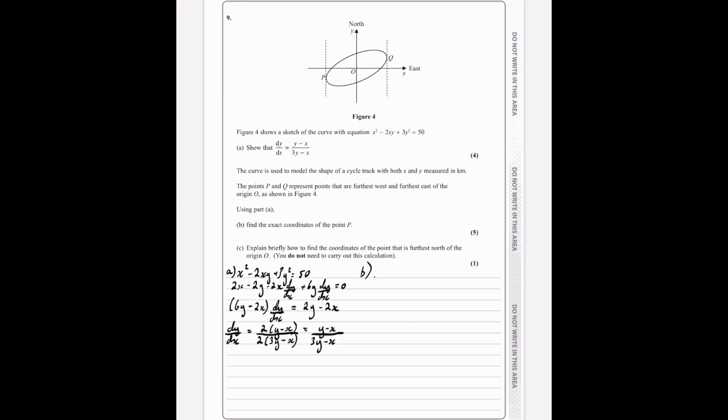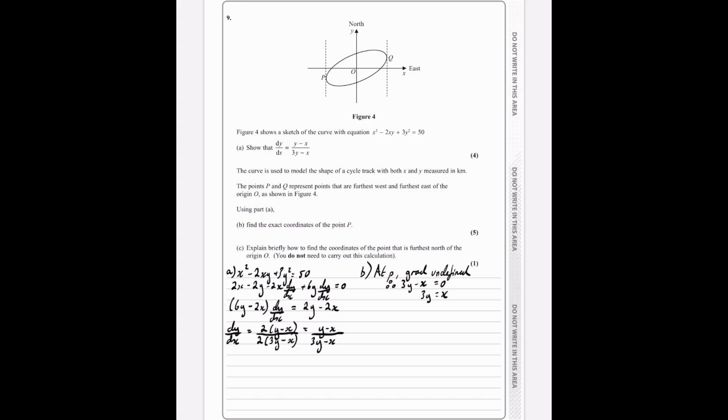For B, finding the exact coordinates of P. Well, we know the gradient's undefined at this point P because it's got a vertical tangent going up there. So that's going to happen when the denominator is 0 in our differential. So I take the denominator, the 3y minus x bit, I force it to equal 0, move the x onto the right hand side, 3y equals x.